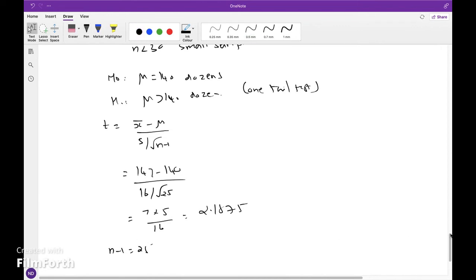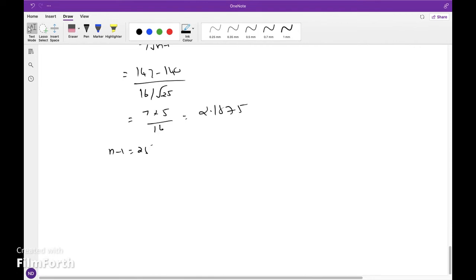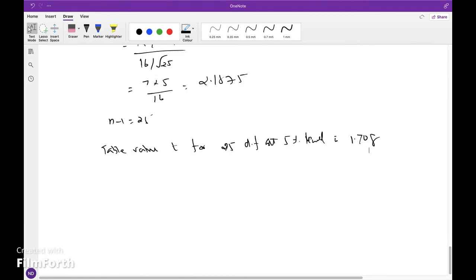The table value of t for 25 degrees of freedom at 5% level is 1.708 from the table.